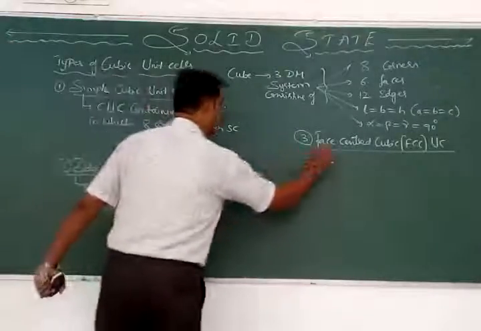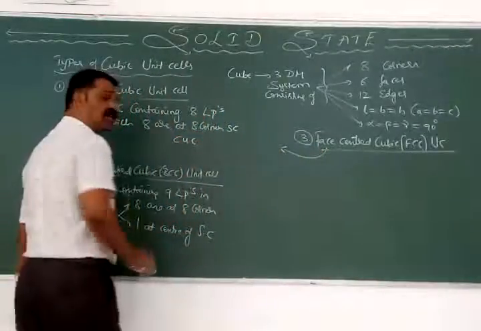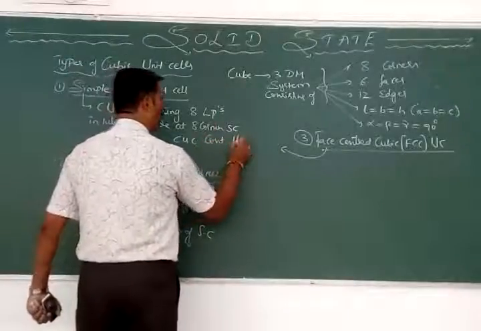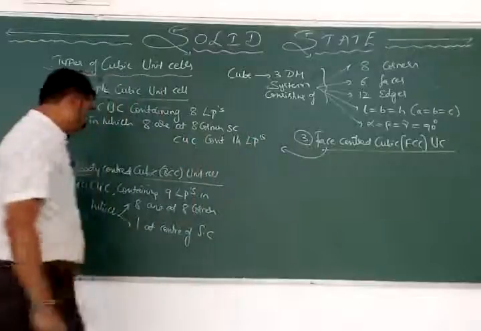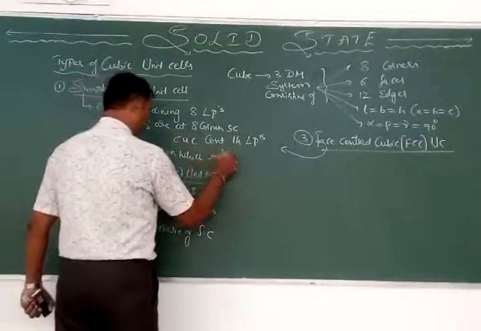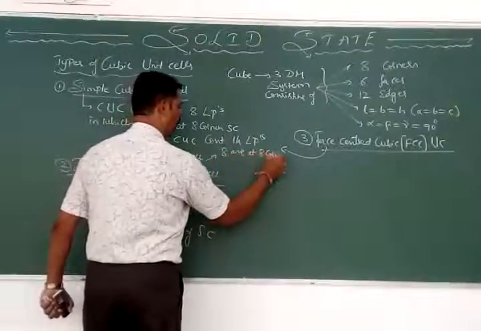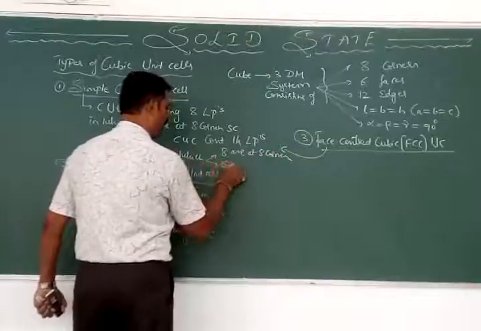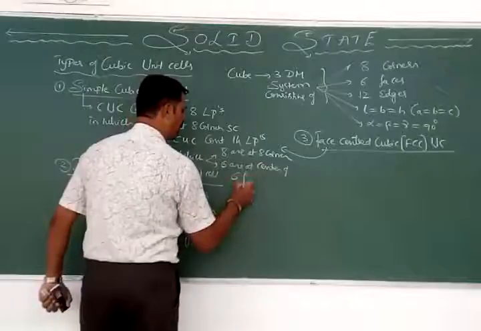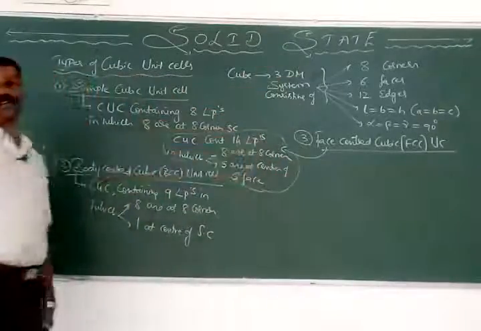Similarly, what is face centered here? It is also a cubic unit cell consisting of 14 lattice points, in which 8 are at the 8 corners and 6 are at the centers of the 6 faces. If this is the case, it is called face centered.